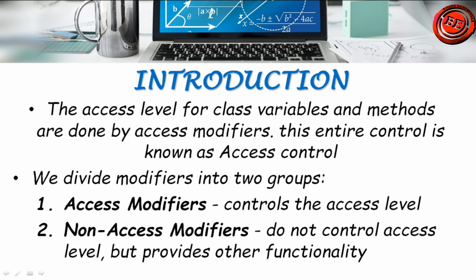The access modifiers control the class variables and methods, but the non-access modifiers don't control access to them; they have some particular functionality in the program. Now let us discuss what the access modifiers are and how many are present in Java. In the next video session, we will discuss non-access modifiers.